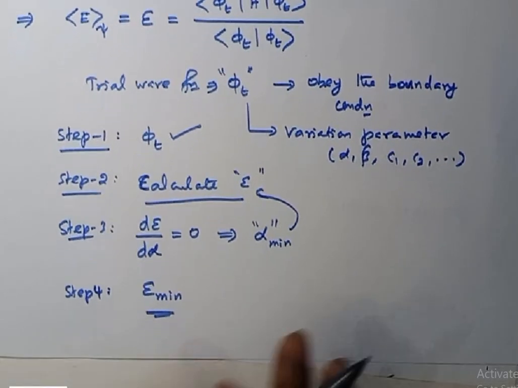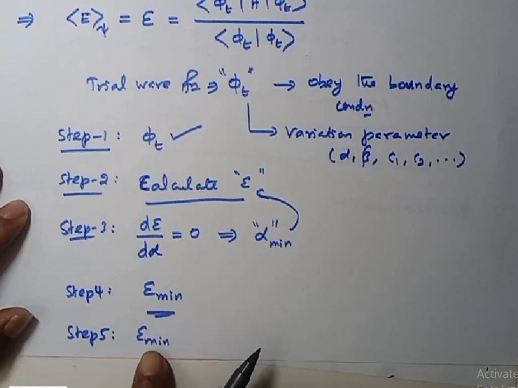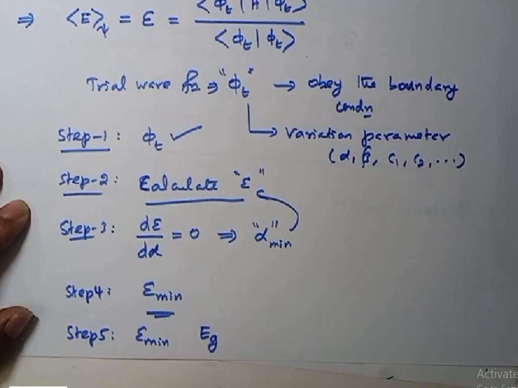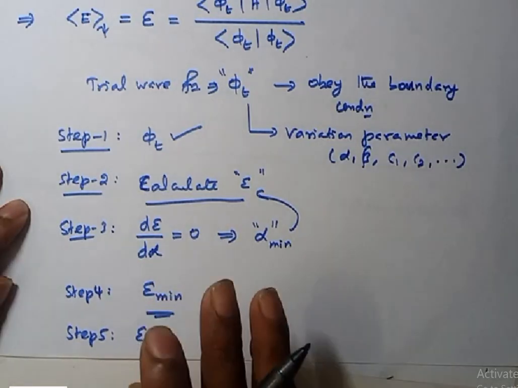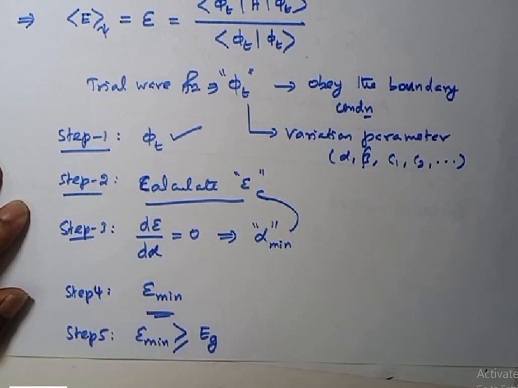Then this is the most important step: compare this minimum calculated energy with the exact ground state energy of the system. This is the calculated minimum energy; compare it with the exact energy. According to the variation theorem, the calculated energy is, most of the time, greater than the actual energy. Very rarely it is equal to Eg.